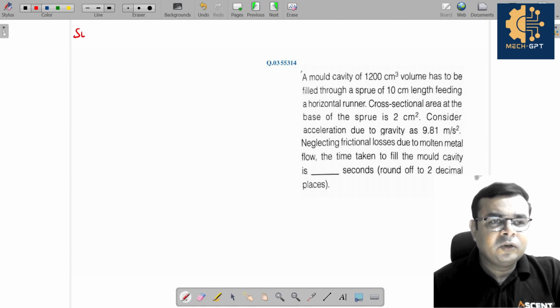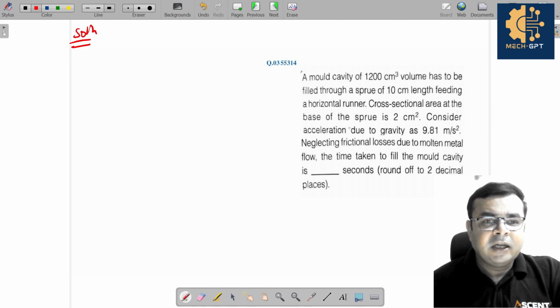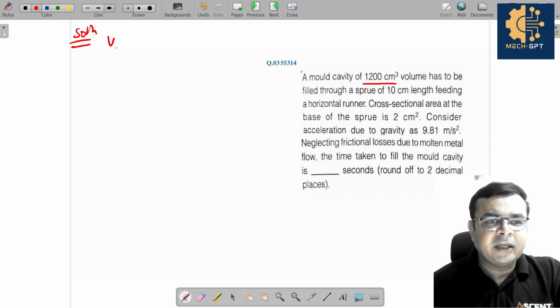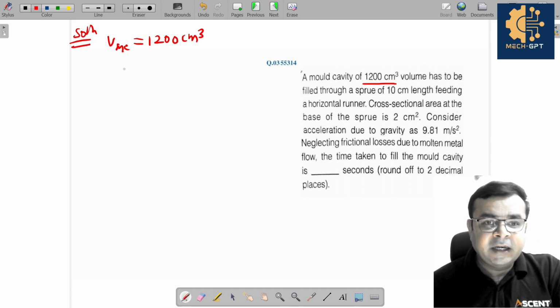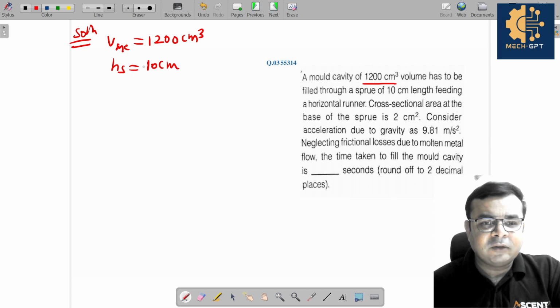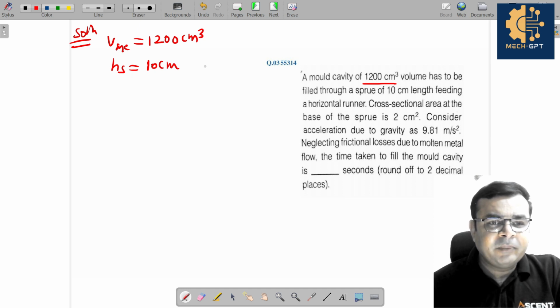Okay. So a mold cavity of 1200 centimeter cube. The volume of the mold cavity is given here, 1200 centimeter cube, has to be filled through a sprue of 10 centimeter length. The sprue height Hs is given here as 10 centimeter, feeding a horizontal runner. The cross-section area of the base of the sprue is A2, given as 2 centimeter square.